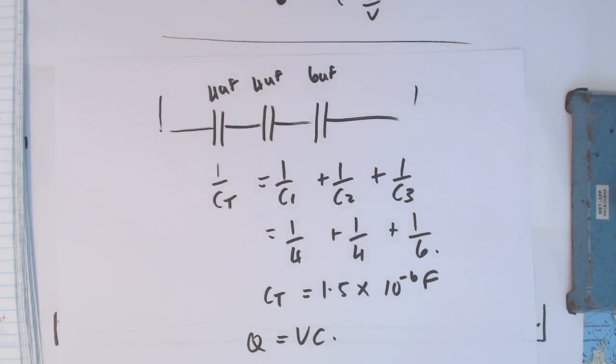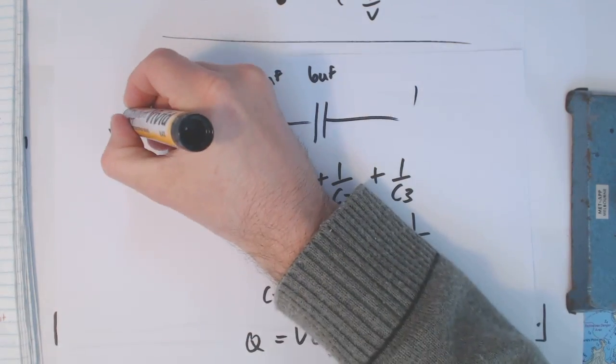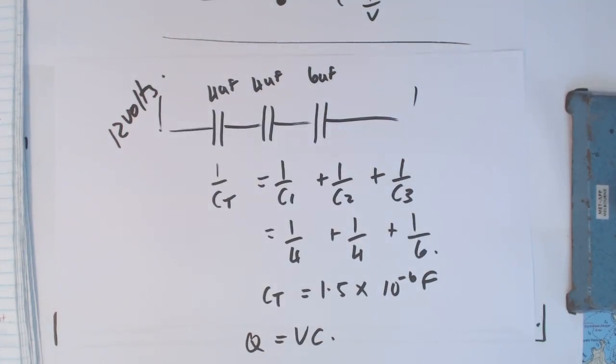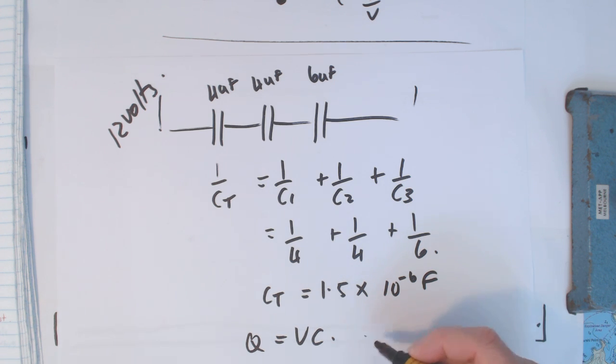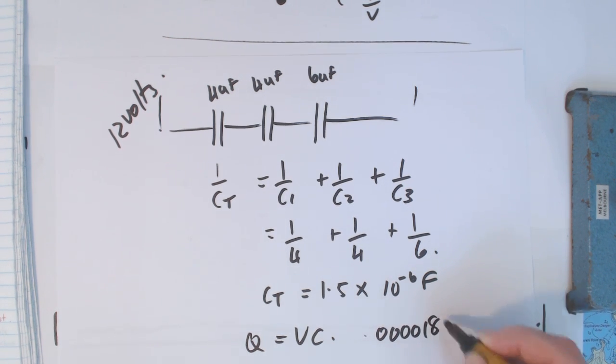If this had a voltage of 12 volts, let's just do it on our calculator. The voltage of 12 times the capacitance, which is 1.5 times 10 to the minus 6, then we end up with a charge of 0.00018, and that's our charge.